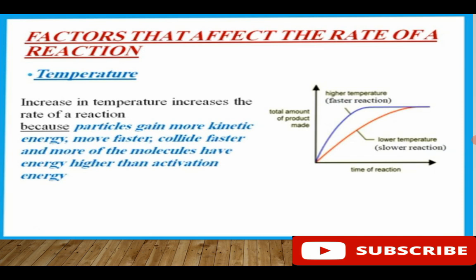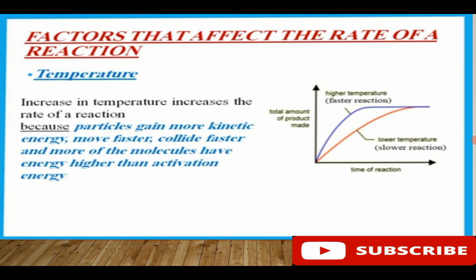So experiments carried out have shown that an increase in the temperature increases the rate of a chemical reaction. Okay, so if you have reactants A and B mixed together so that they are allowed to interact, raising the temperature of the reactants mixture would cause the reaction to speed up.